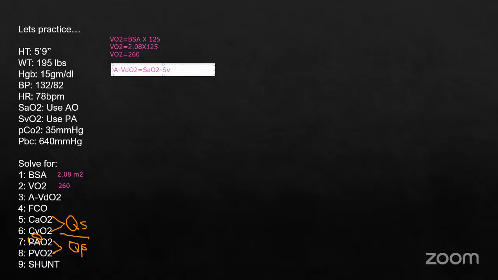All right, do I have that information? Oh, sorry, this is going to be the difference. It has to be the difference, because when it says difference, I'm going to have to use my constants and everything. So now I have to dissect this formula: arterial minus venous difference O2. I can substitute the whole formula at once, or I can do it one at a time.